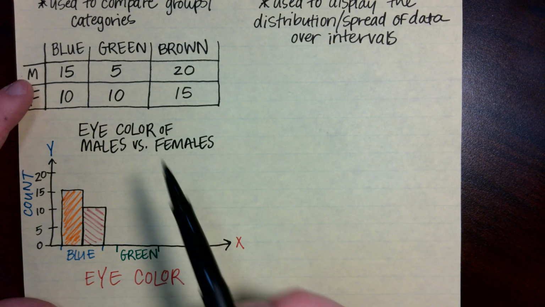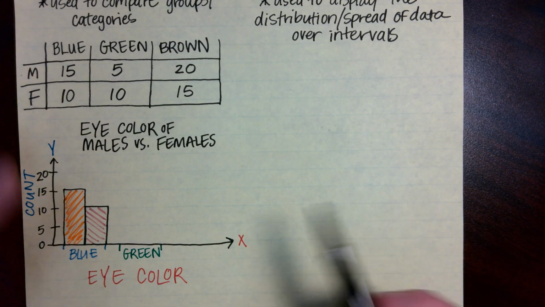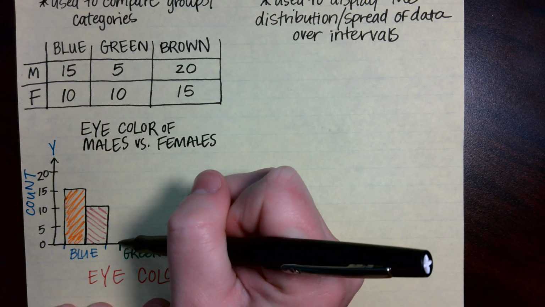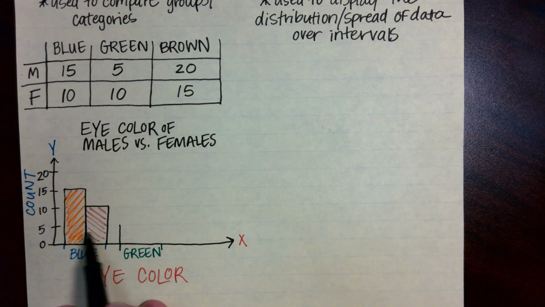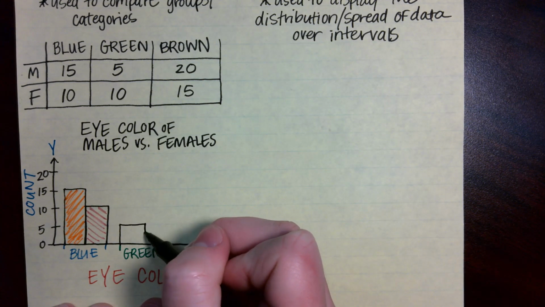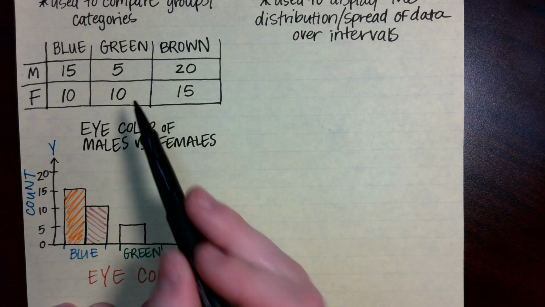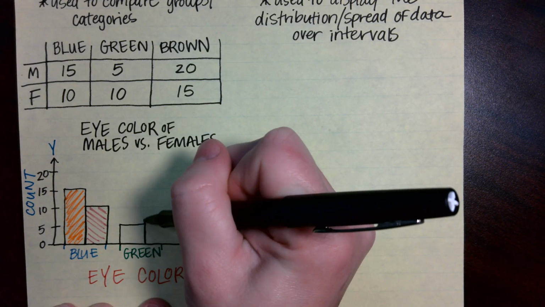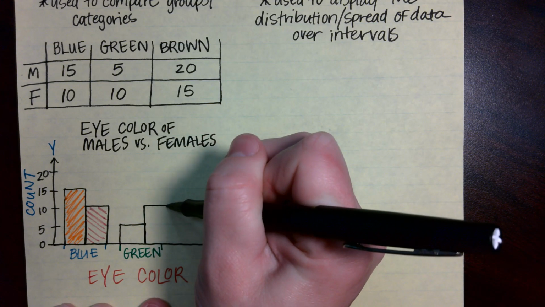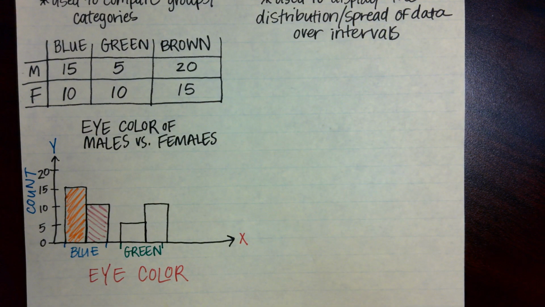So it looks like males 5 have green eyes. So I'll draw a bar up to number 5 right here. And females have 10. So I'll draw a bar up to 10. And it's not perfect, but you guys get the idea.